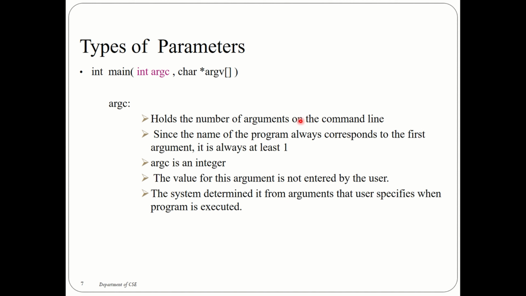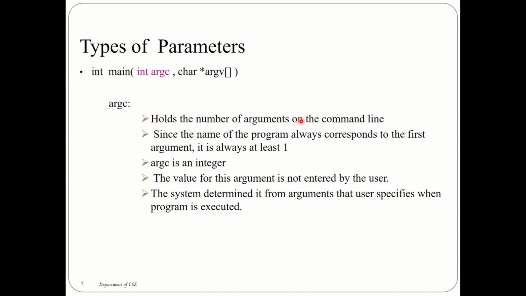I told you we will be passing the command line arguments in the execution step. How do we normally execute a program? We are doing it in the Linux C compiler. Say I have vi sample.c, which is my file, and I am writing it using the vi editor.